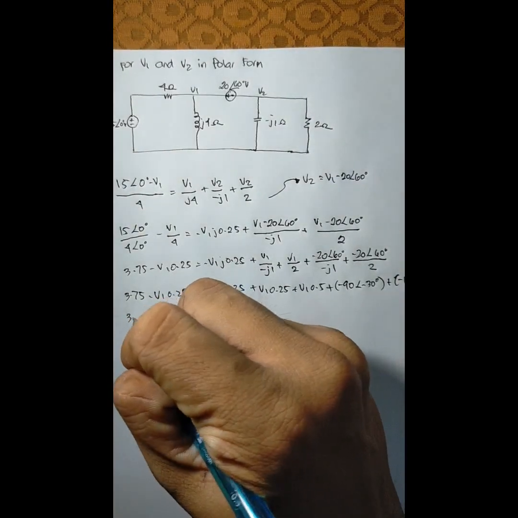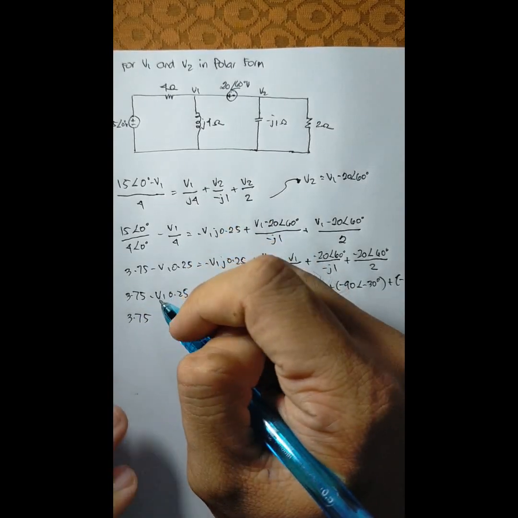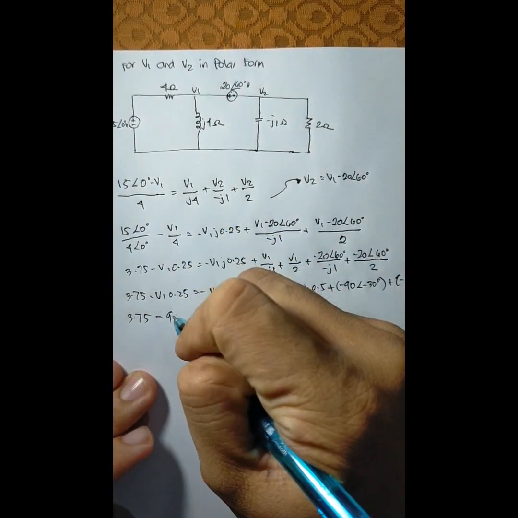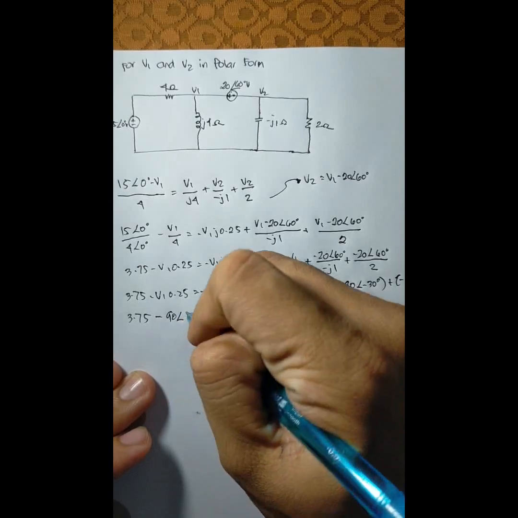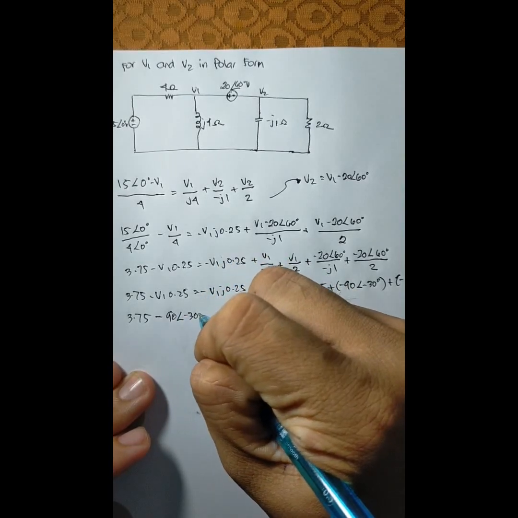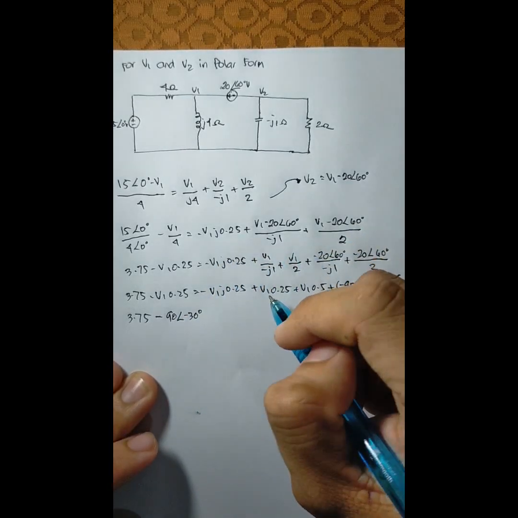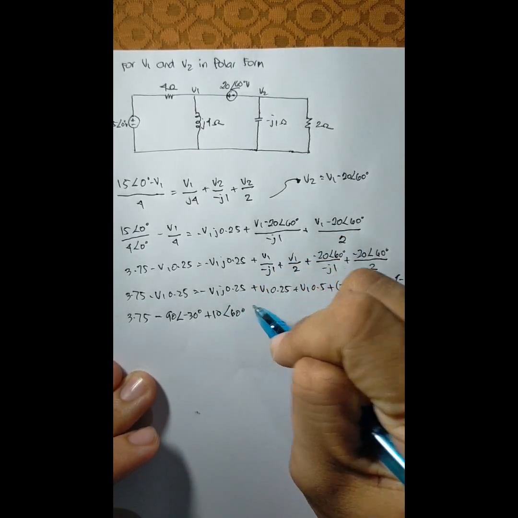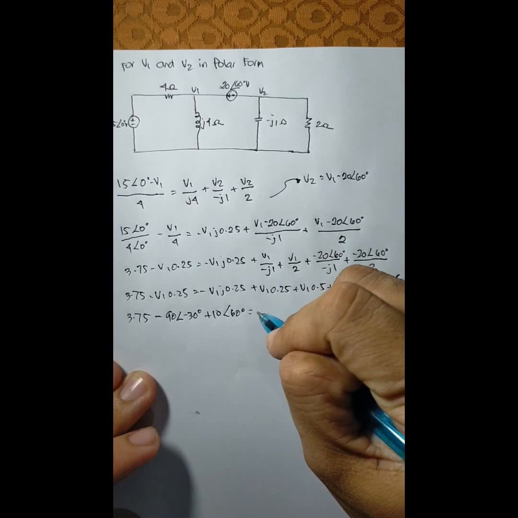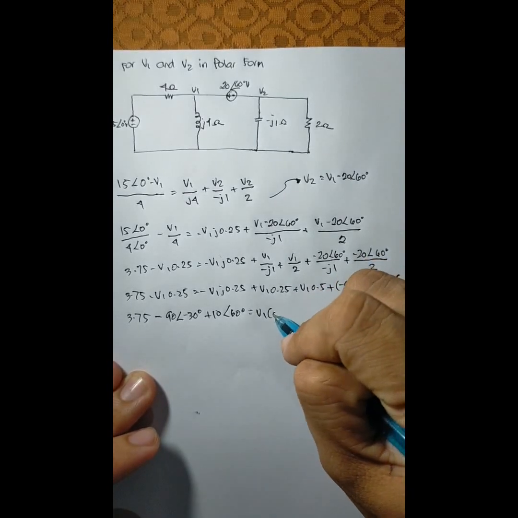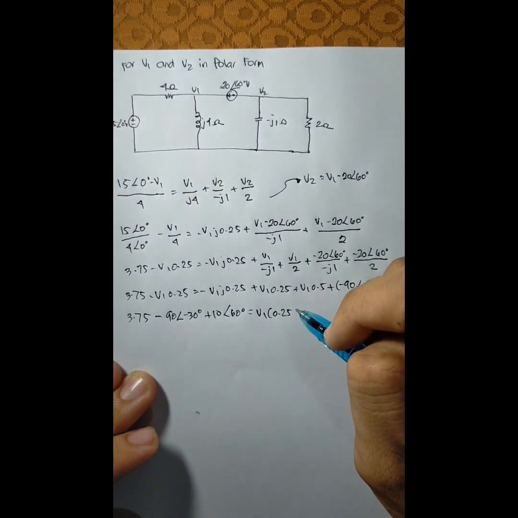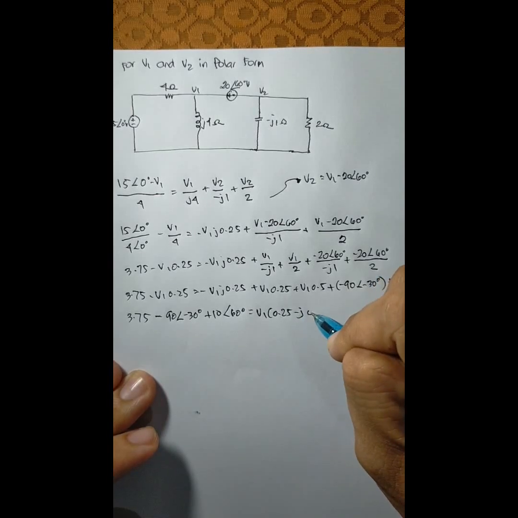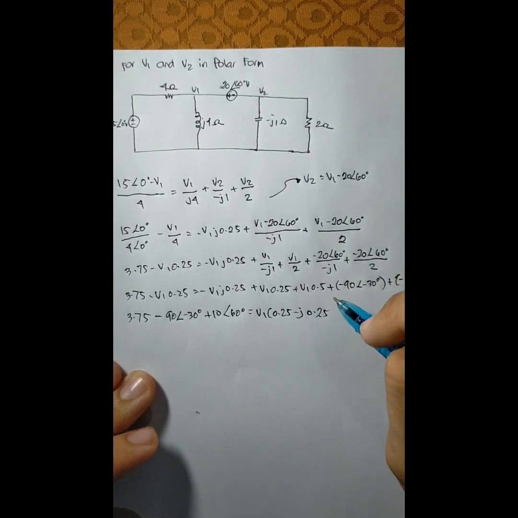So we have 3.75 minus 90 angle of negative 30 degrees plus 10 angle of 60 degrees is equal to V1 times 0.25 minus j0.25 plus j1 plus 0.5.